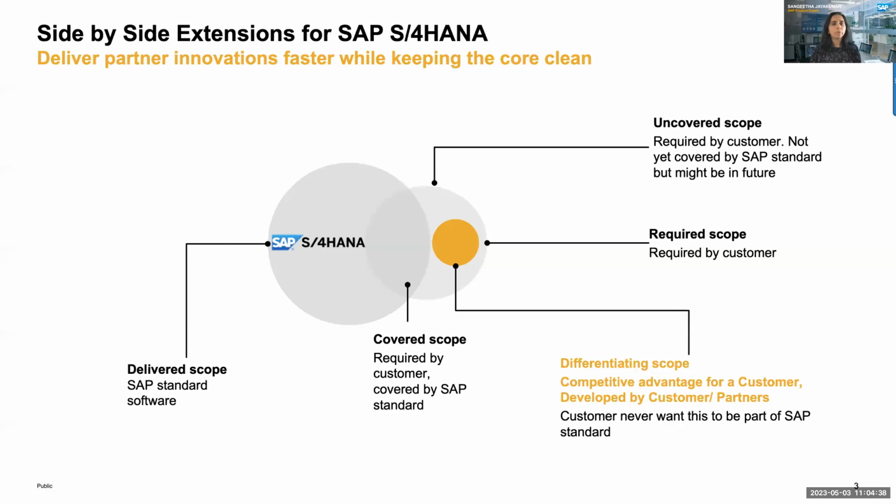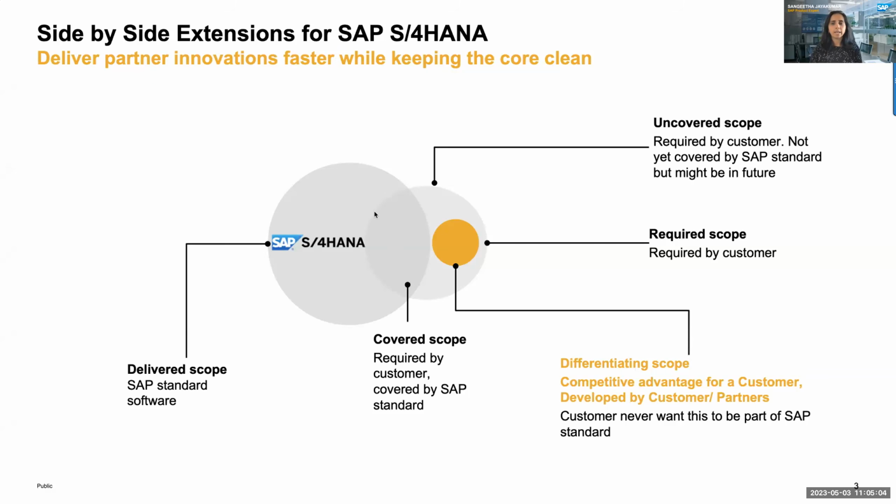So why do we need to keep the core clean? As you can see here, SAP tries to combine all the unique business requirements from different industries and companies and put them as part of the standard SAP solution. This I would like to call the delivered scope.